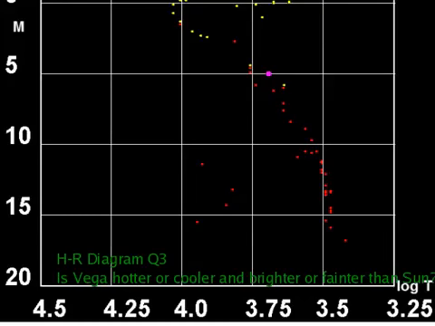Okay, well, and the sun is the purple dot that is right here. So let me just point that out. Here we have the sun.